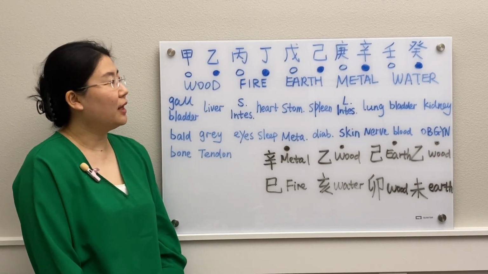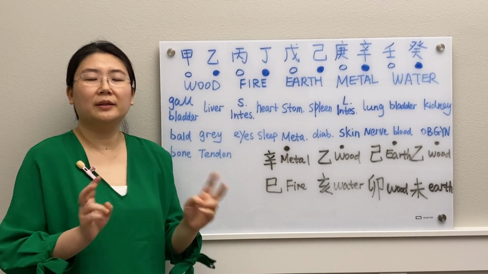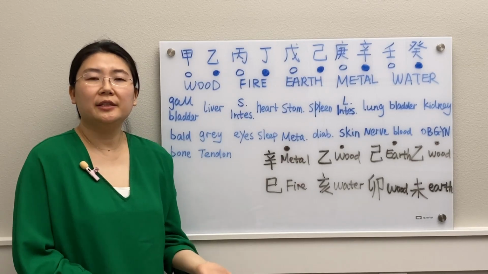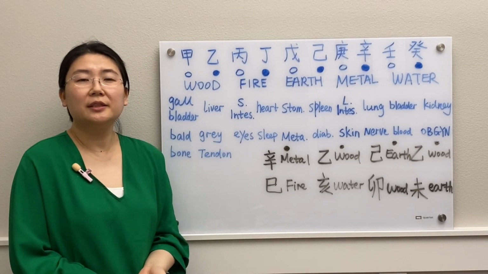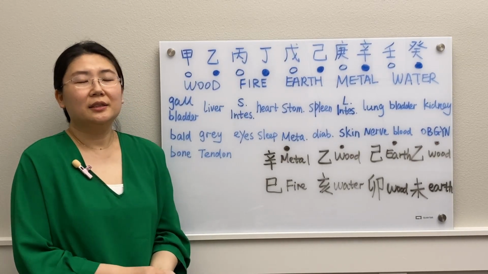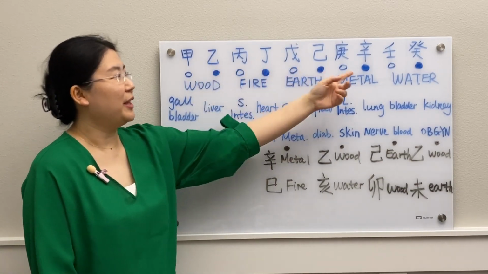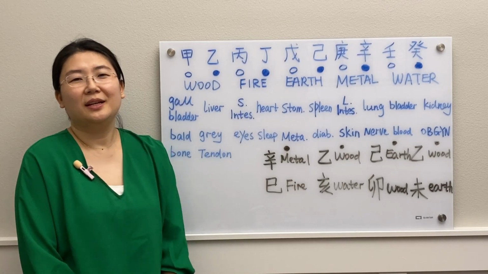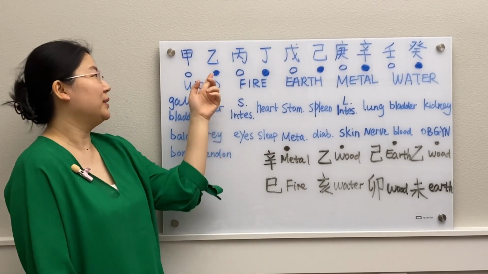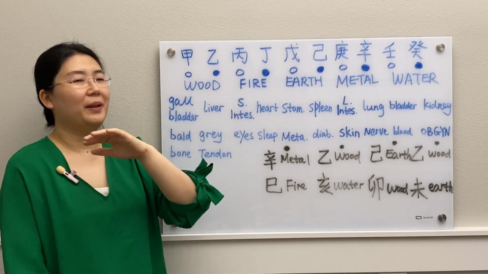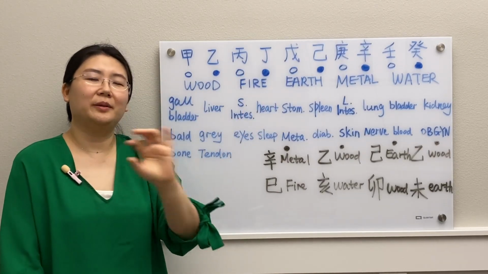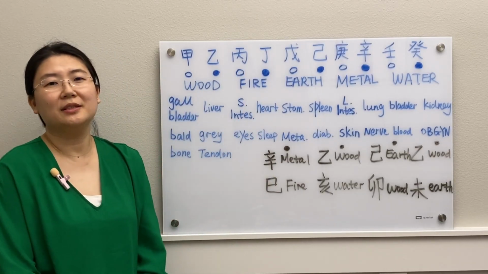The reason I did not list the corresponding relationship or indication from the 12 earthly branches is that each earthly branch has the same ingredient from those same 10 heavenly stems. So you can actually use the same system when it applies either on the top or on the bottom row of your BaZi chart.